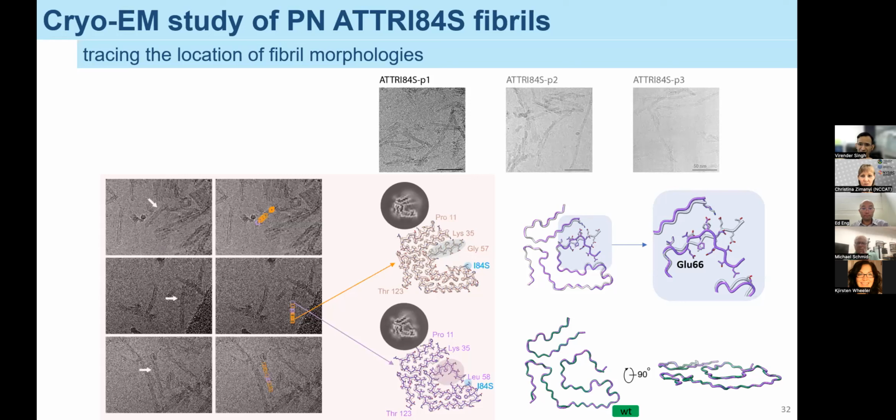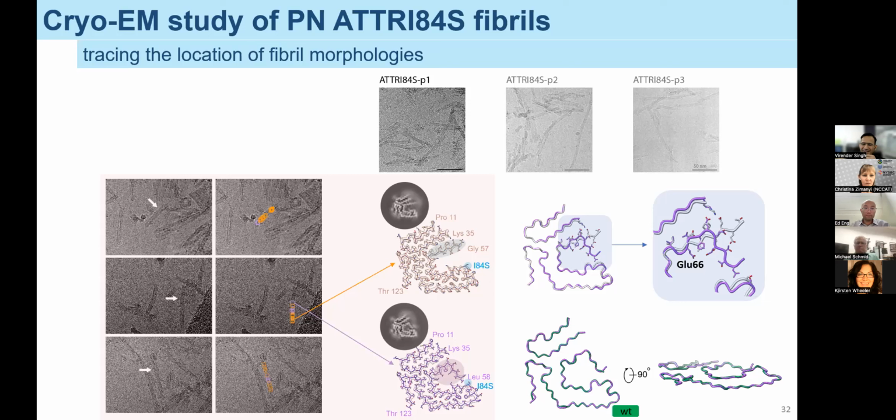It is very difficult to say at this point because we have all these structures in the resolution range of around 3.2 to 3.5, so we cannot exactly say whether the residue we are seeing is isoleucine or serine, because the density is not that good.